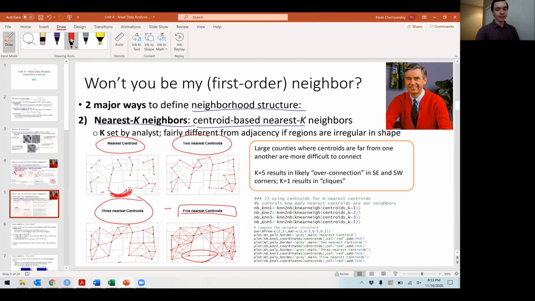As far as Sublette County and Fremont County, I don't have a good sense. There's a big old set of mountains right here. I don't have a good sense for whether they should be connected, but looking at just the nearest centroid often creates these separate cliques. And so when you're doing the modeling and looking ahead, these are going to share information.